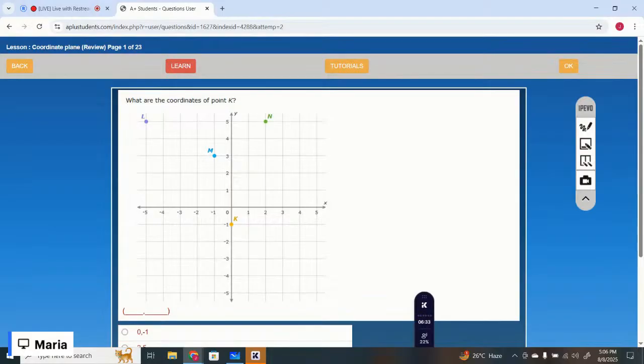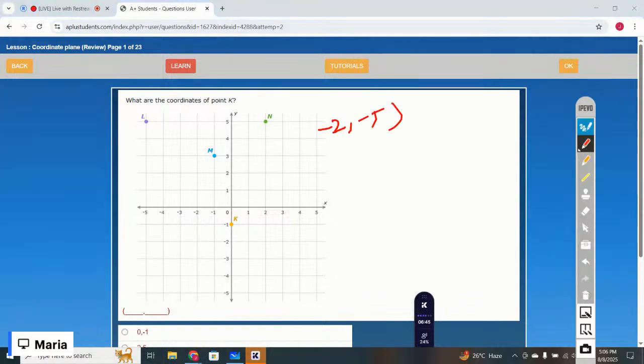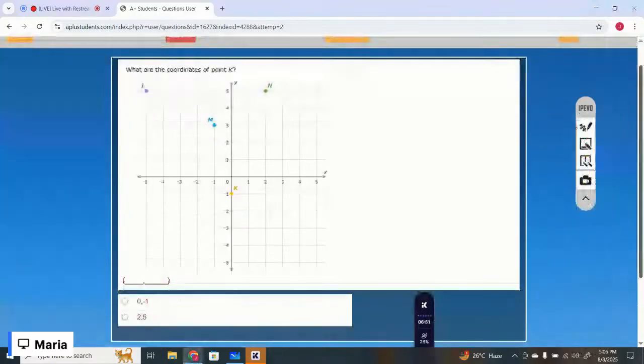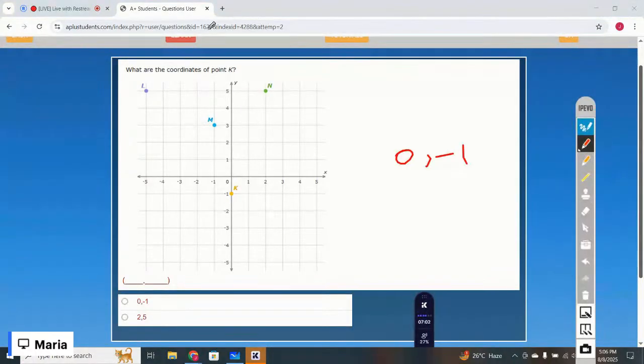So the coordinates of the point K are... point K is on the y-axis. So if the point is on the axis, that means the x coordinate must be 0, right? And the y coordinate has the value -1, so the option is 0 and -1. Option number 1 is the correct option.